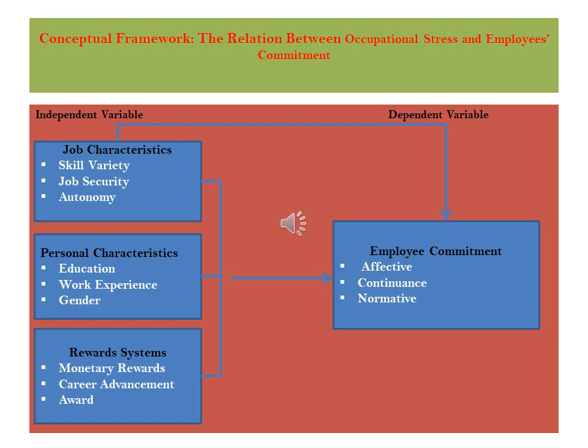This diagram should point out where the independent variables are and where the dependent variables are. Then you draw an arrow that emanates from the independent variables to the dependent variable to show that they affect employee commitment. So this is an example of a conceptual framework.